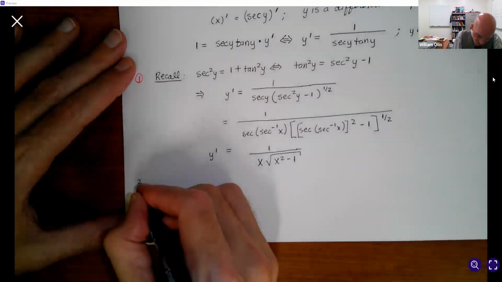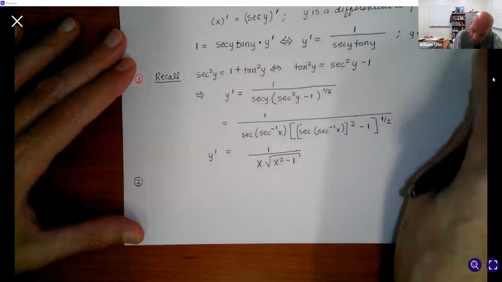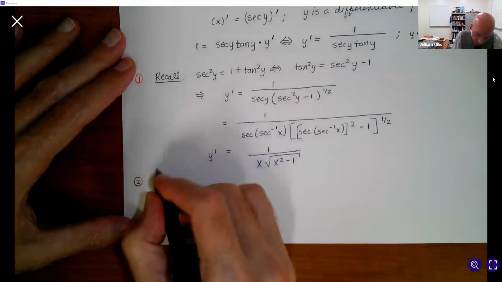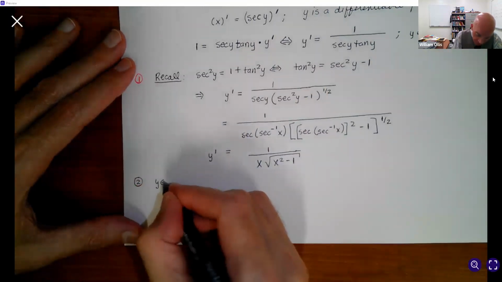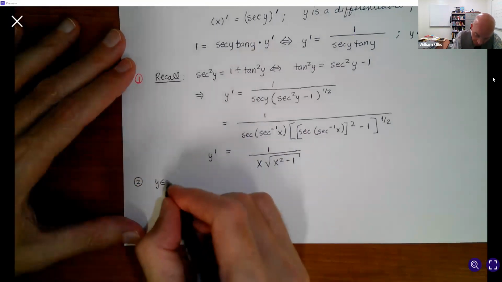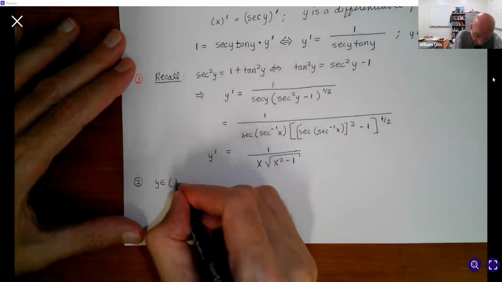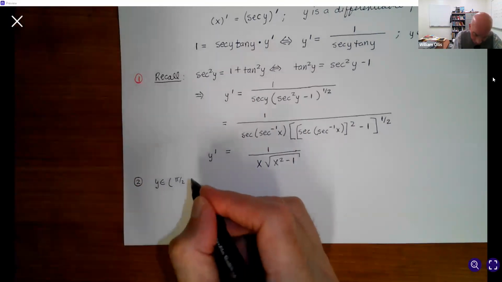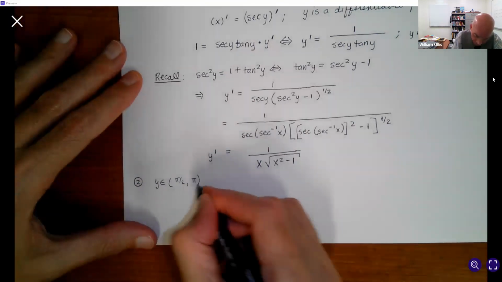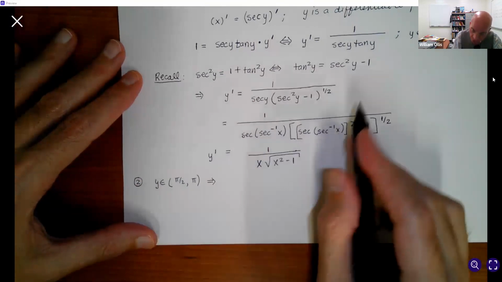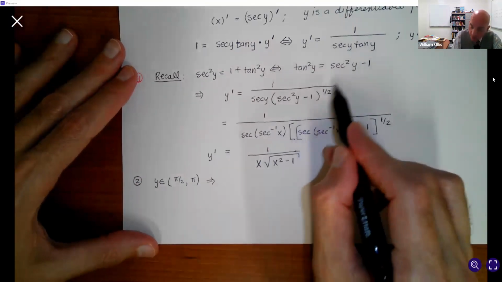Now for 2, we're just going to take the tangent here, but notice when y is contained in pi over 2 to pi, this implies that we must choose the additive inverse of the radical.